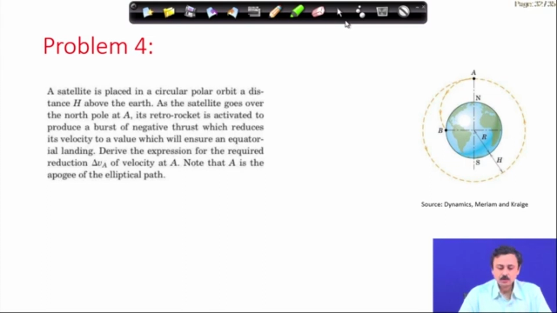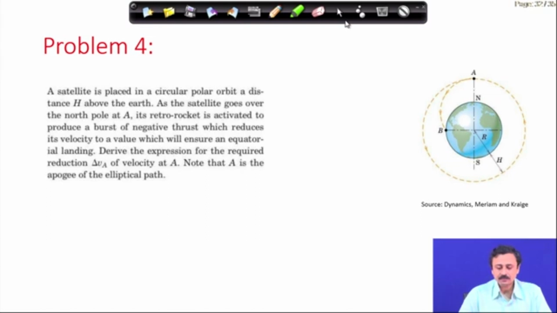As the satellite goes over the north pole at A, as shown in the figure, its retro rocket, a rocket which fires in a direction opposite to the direction of motion, therefore actually brakes, it is used to brake the motion of a satellite. So, it applies brakes and reduces velocity. Its retro rocket is activated to produce a burst of negative thrust, which reduces its velocity to a value which will ensure an equatorial landing.